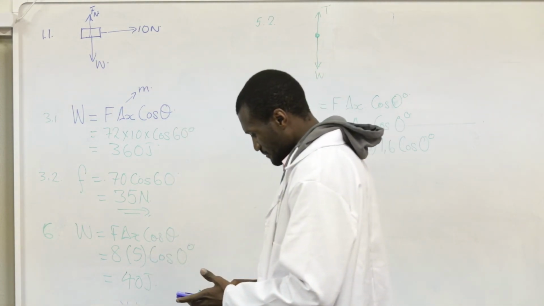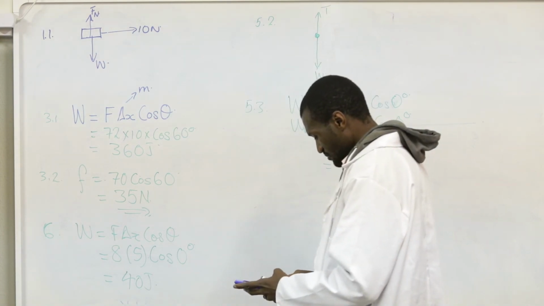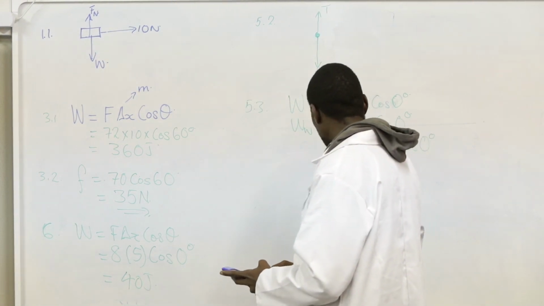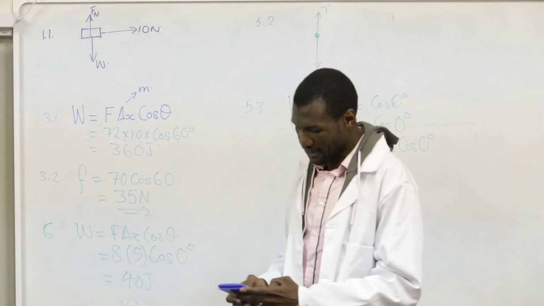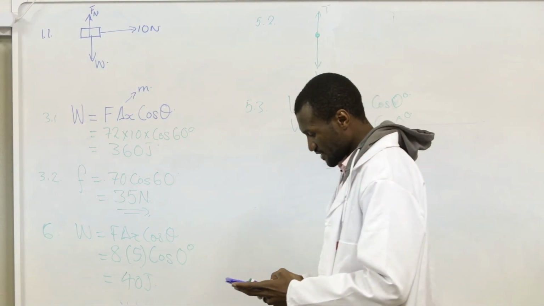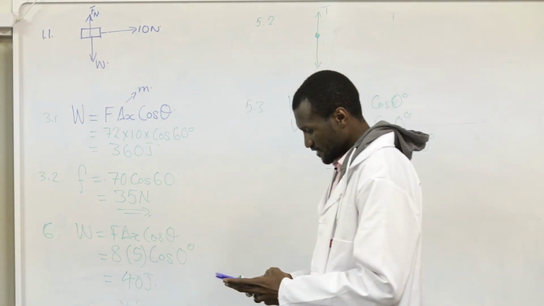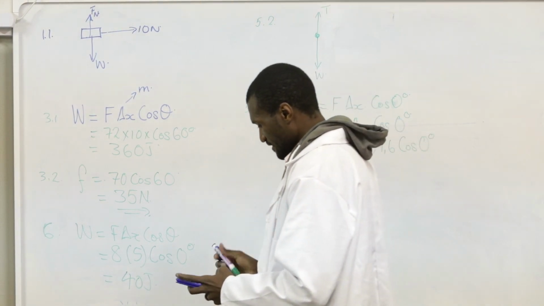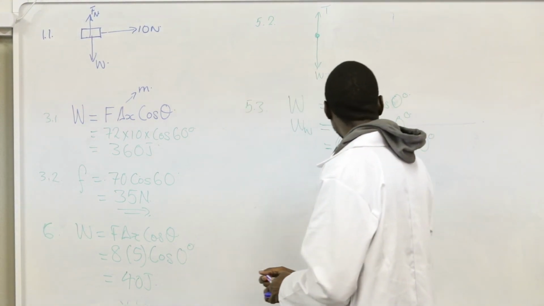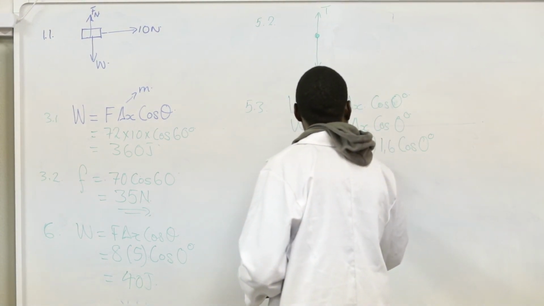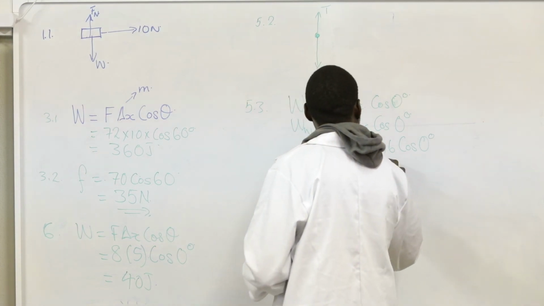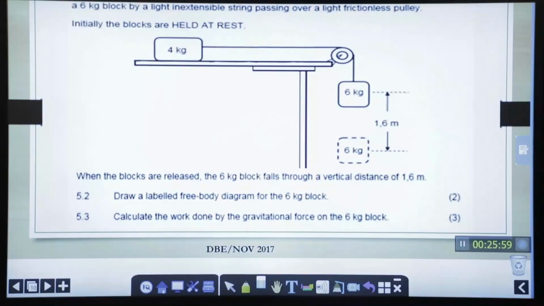That's 6 multiplied by 9,8 multiplied by the distance 1,6 multiplied by the cos of the angle 0, which is equal to 94,08 Joules. Okay, and there is my answer for 5.3.